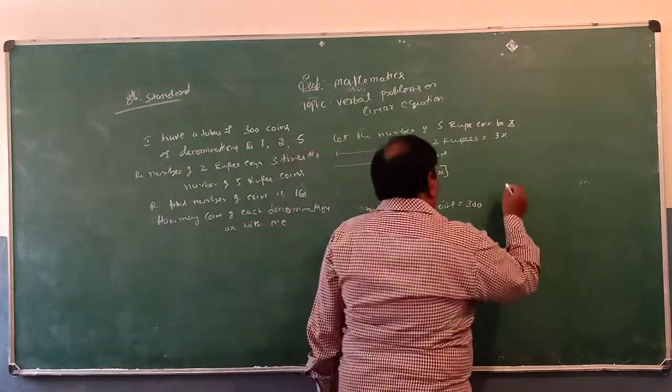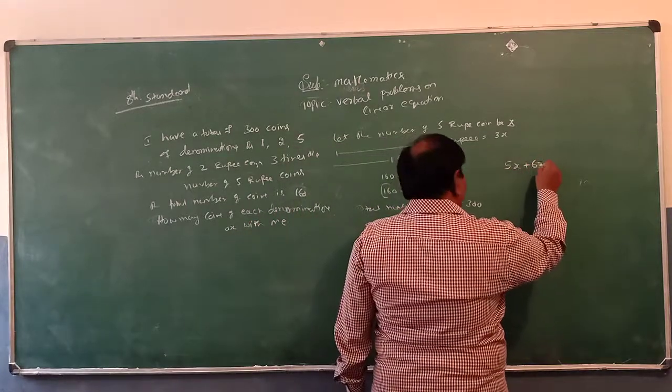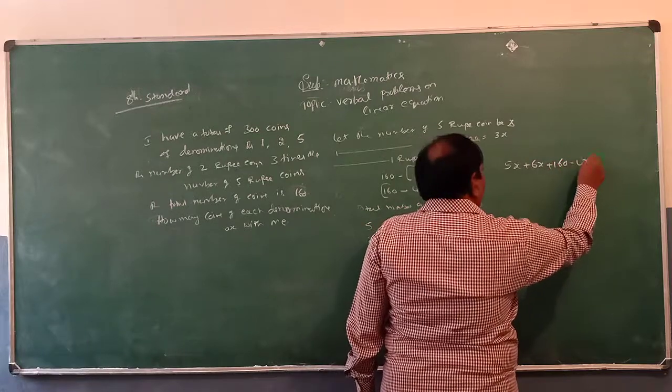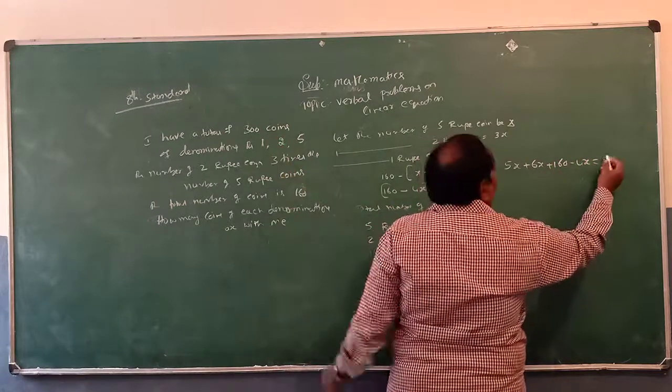Then 5x plus 6x plus 160 minus 4x is equal to the total number of coins.